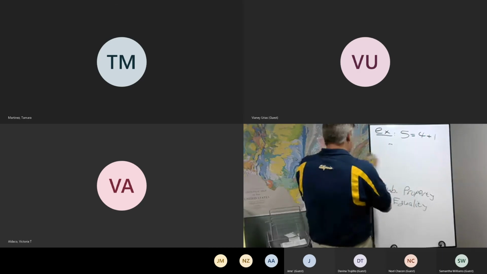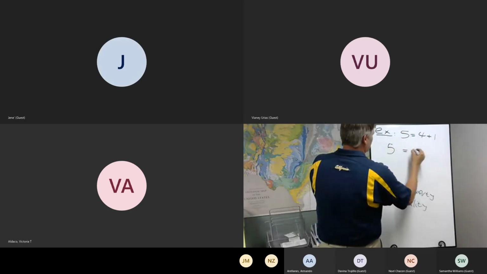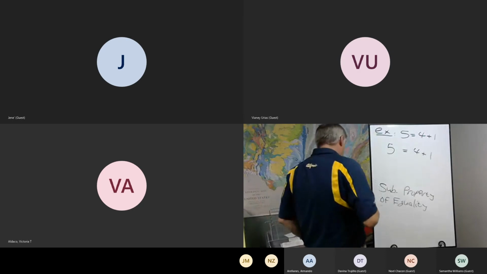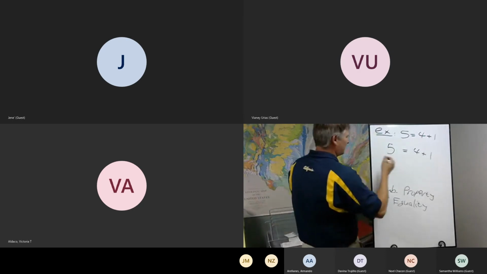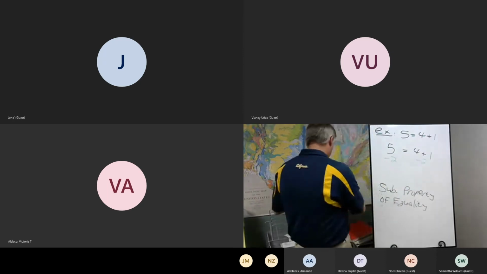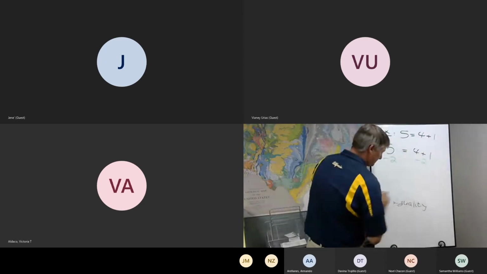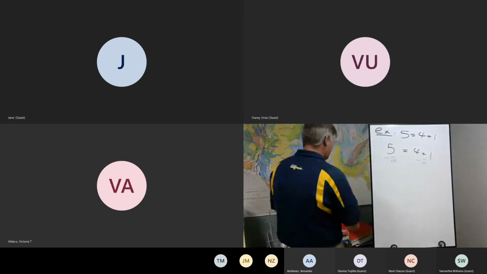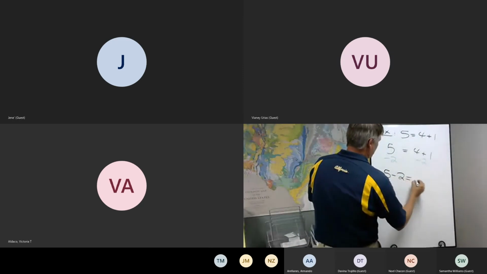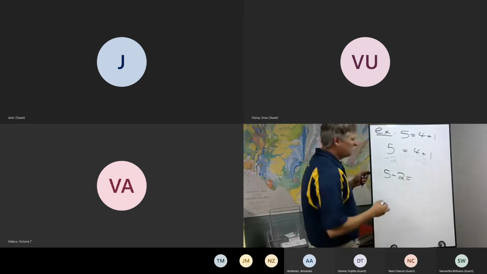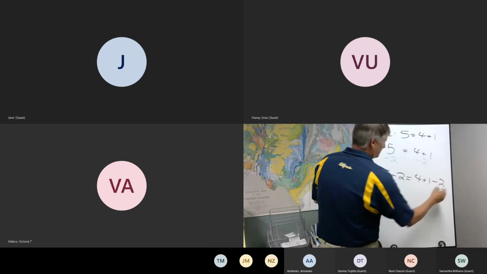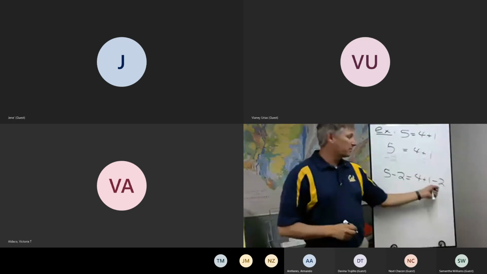So if we subtract 2 from both sides, and we could subtract 2, say, from, well, you can follow your PEMDAS and compute that.